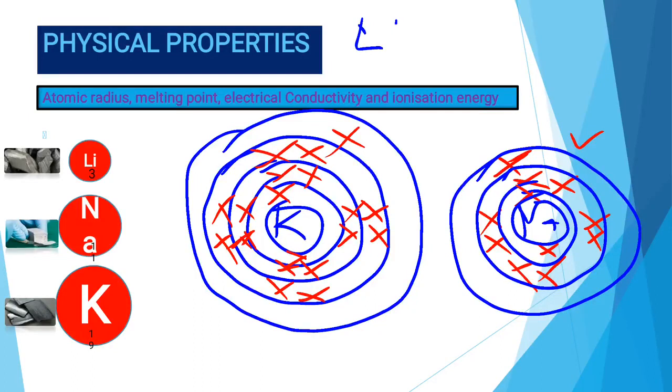The difference or the increase in the size of the atoms can be explained by the increase in the energy levels down the group.